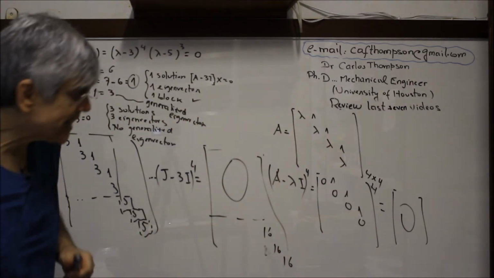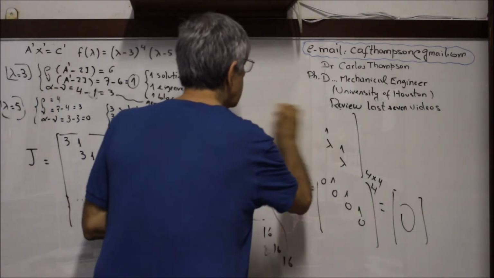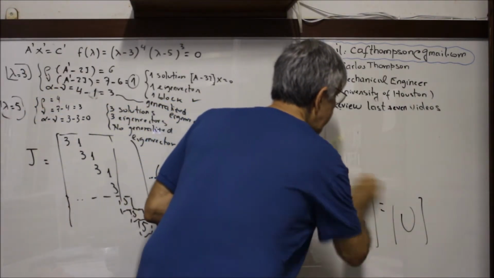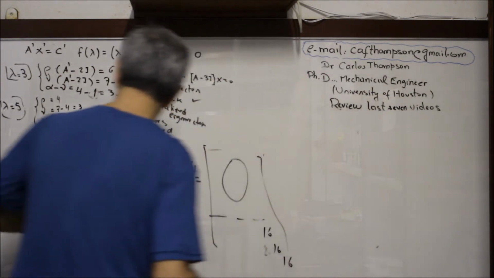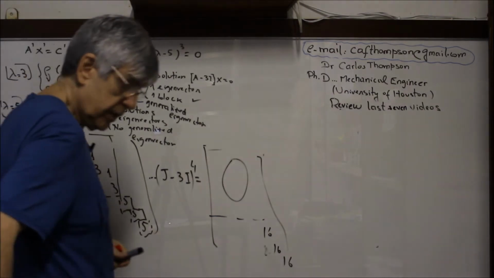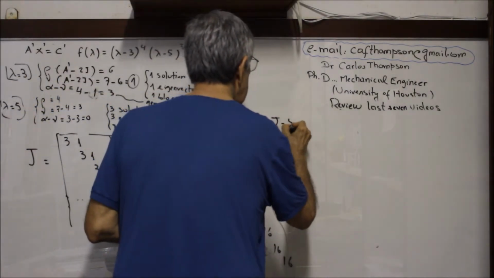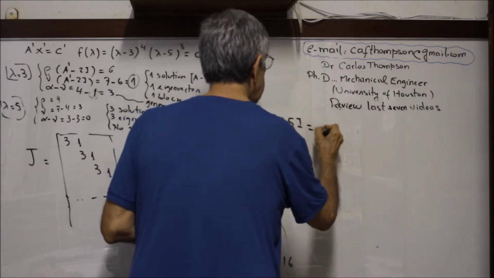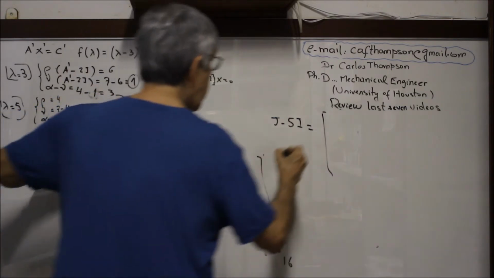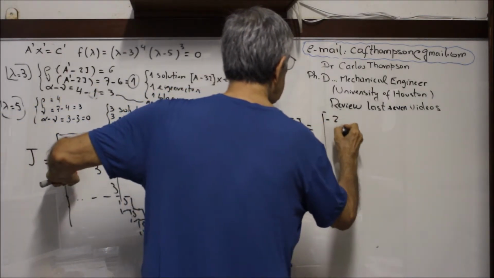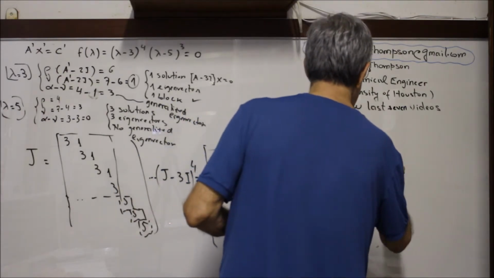Now, exactly as we did before, J minus 5I is equal to, look, this will be 3 minus 5, minus 2, minus 2, minus 2, minus 2.